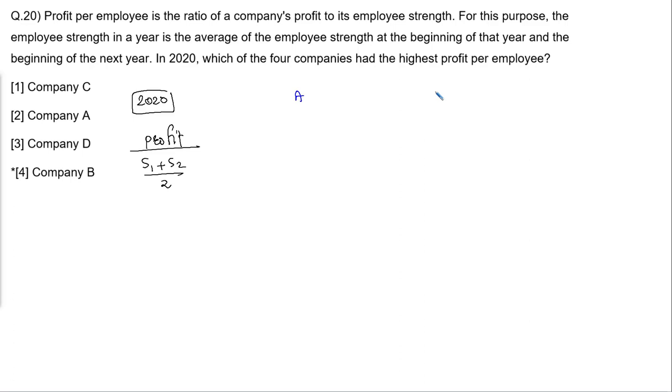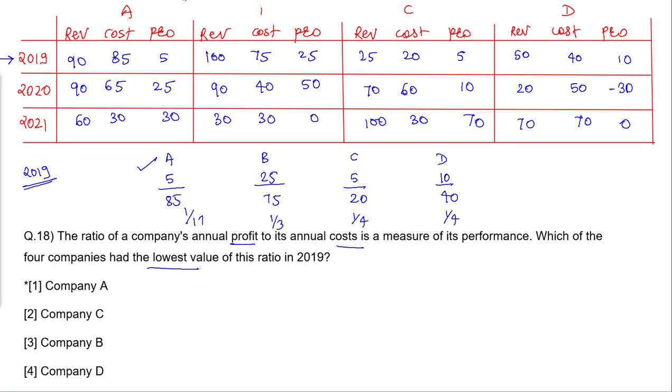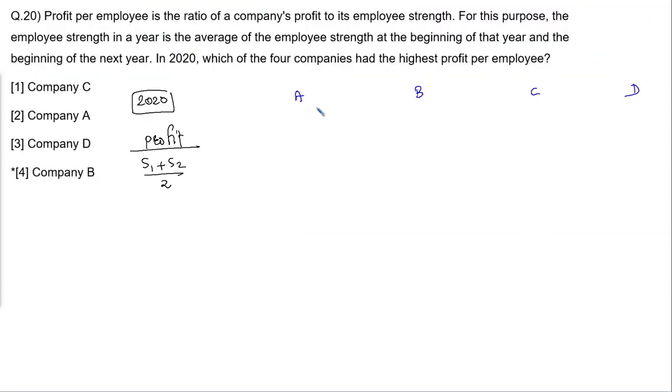So let's calculate this ratio. The profit in the year 2020 is how much? Let's have a look at it. The profit in the year 2020 is 25, 50, 10 and minus 30.